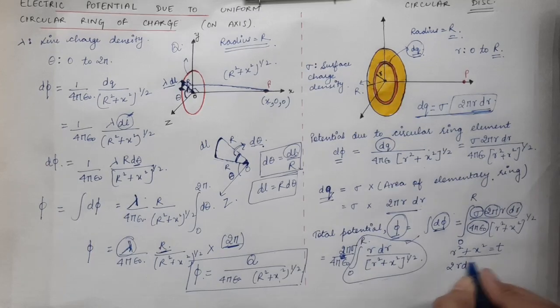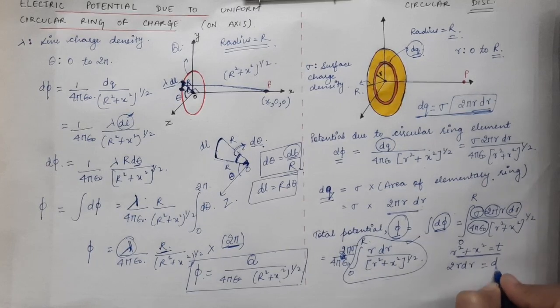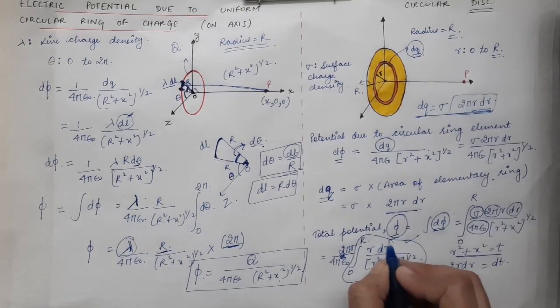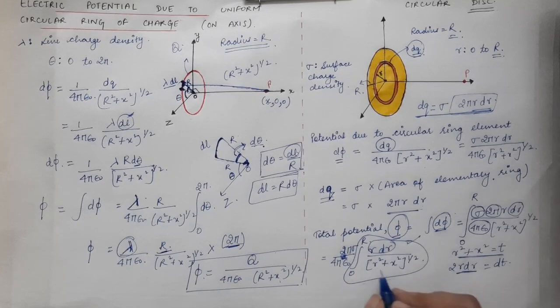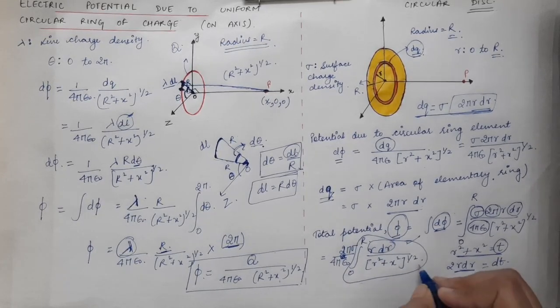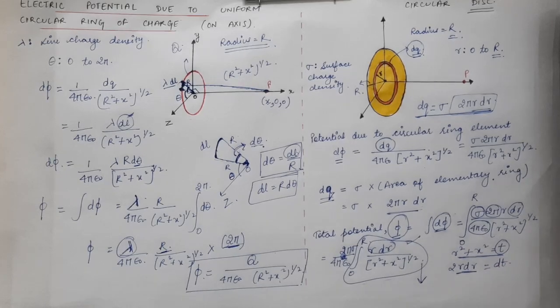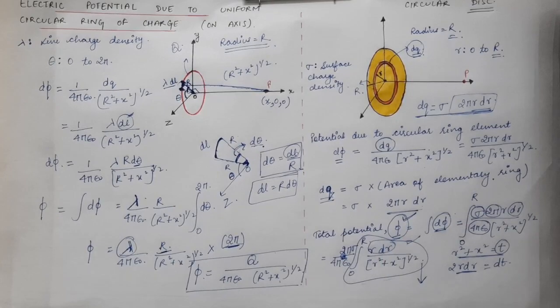So when you differentiate, you will get 2r dr equal to dt. So you will substitute r dr as nothing but dt by 2, and r square plus x square will be equal to t. You will solve this integration and then get the final result for phi. That you have to do by yourself.